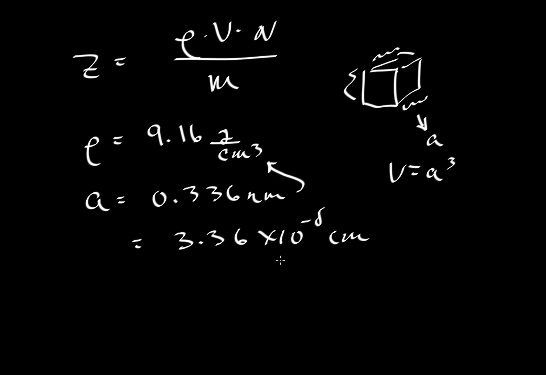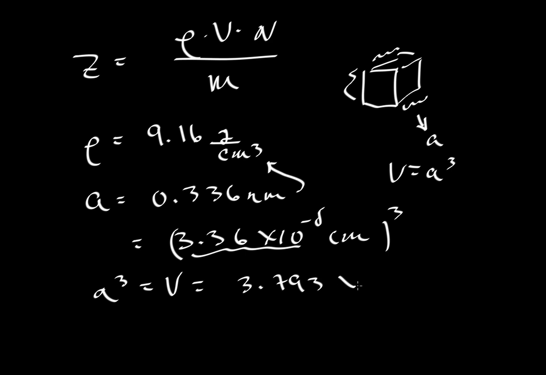Not just easier, but necessary. So that is A. So A cubed is volume, and so A cubed is equal to this whole thing taken to the third power, and that'll give us 3.793 times 10 to the minus 23, and that would be in cubic centimeters since we're cubing that unit there, centimeters instead of nanometers.